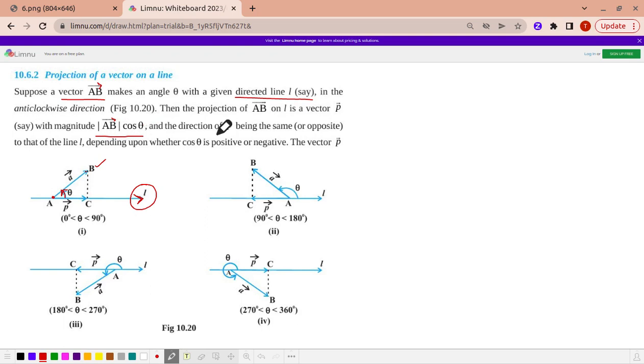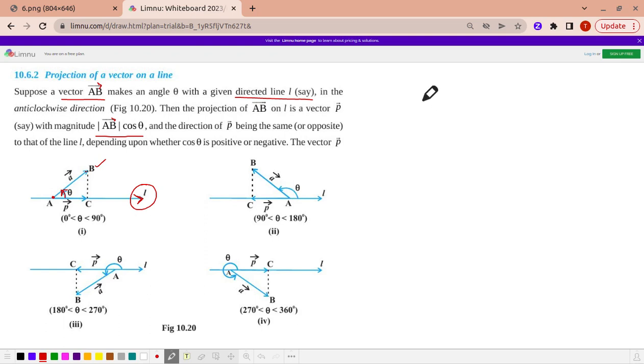The direction of the vector P is the same as the direction of the directed line L if cos theta is positive. The direction of the vector P will be opposite to the direction of the directed line L if cos theta is negative, where theta is the angle between the directed line and the vector.